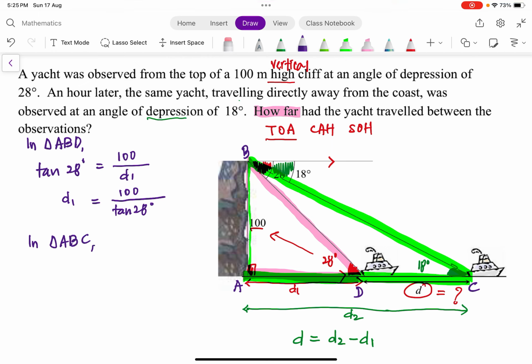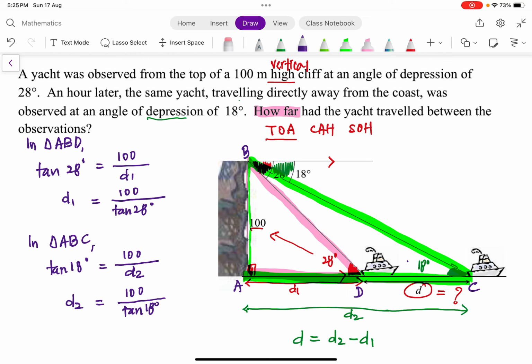Again, I have 18 degrees, and the side that is opposite to 18 degrees is 100, and d2 is again the adjacent side. So what we have here is again using tangent. So I have tangent 18 degrees equals 100 over d2. So I do some manipulation, and I have d2 equals 100 over tangent 18 degrees.